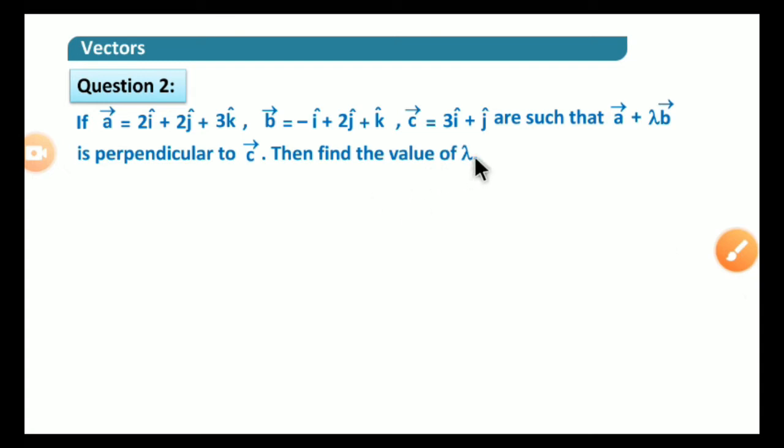Then find the value of lambda, where lambda is a scalar. So we have to find the value of lambda by using the concept of perpendicularity of two vectors. Here A plus lambda B and C both are perpendicular vectors.